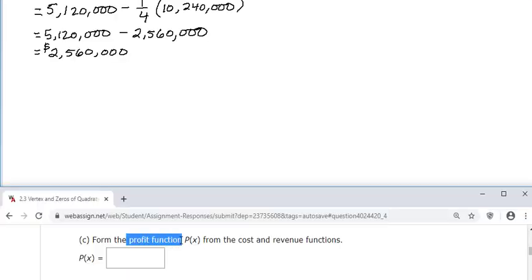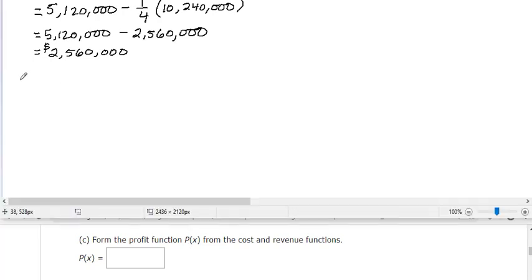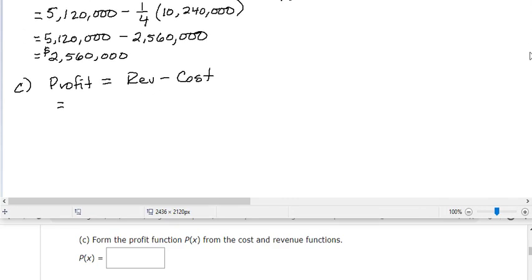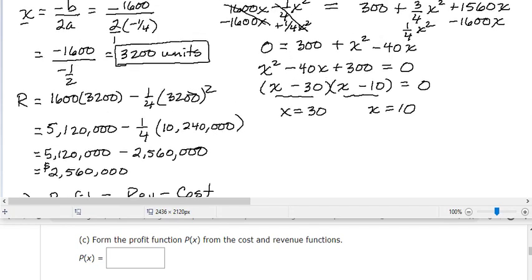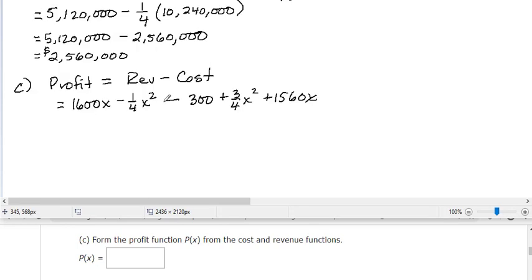Part C, form the profit function. Okay, profit is revenue takeaway cost. My revenue function was 1600x minus 1/4 x squared. Takeaway my cost function. Now be careful, you need to subtract the entire cost function, so you need to put parentheses around this, and that negative is going to have to distribute through in the next step.